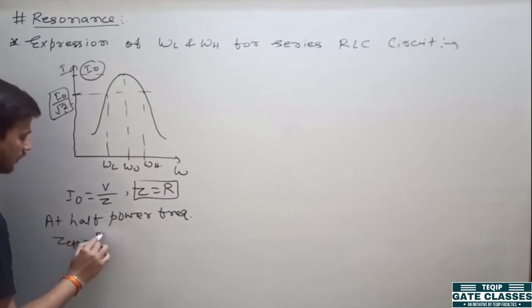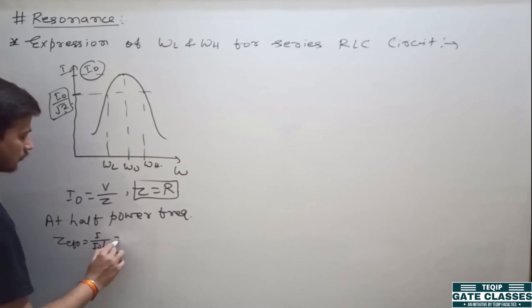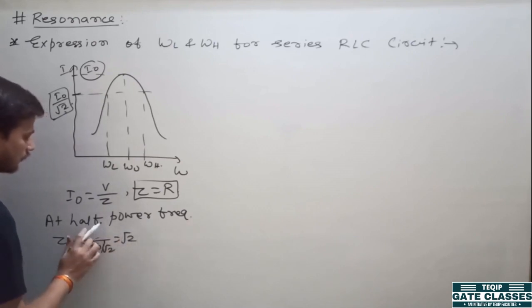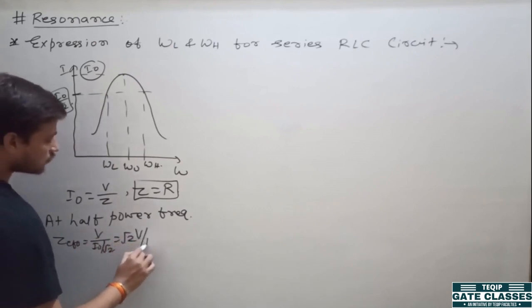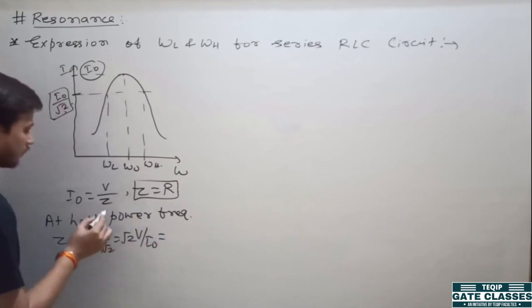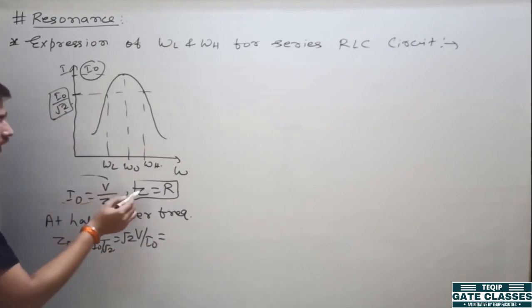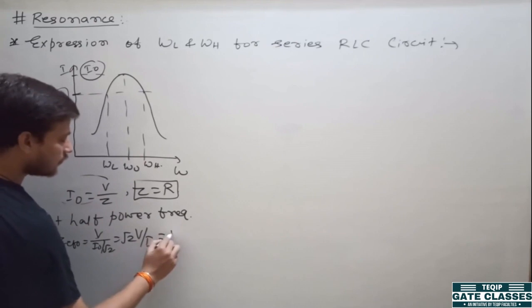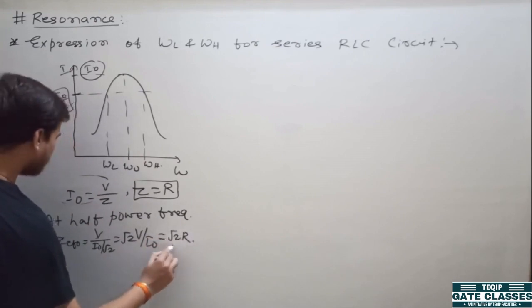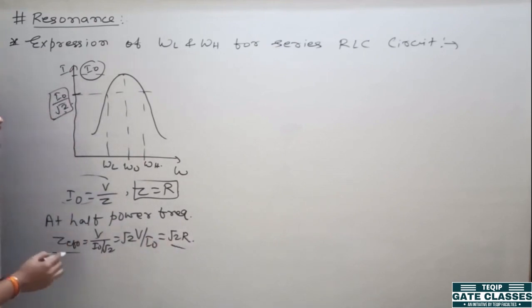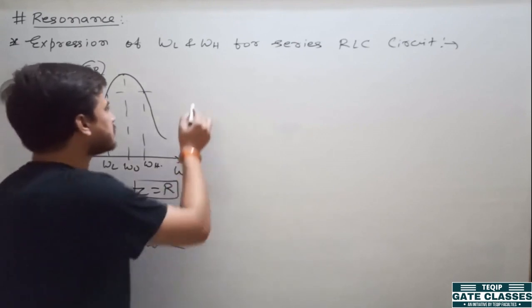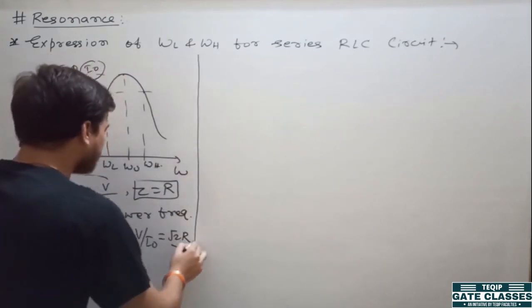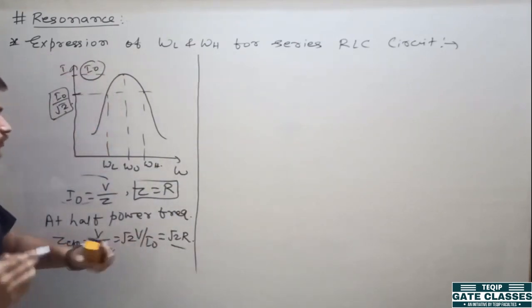It will be equal to V divided by I naught divided by root 2. That means root 2 into V by I naught. V by I naught is your R. So here you will write root 2 into R. That means at half power frequency the effective impedance is equal to root 2 into R.